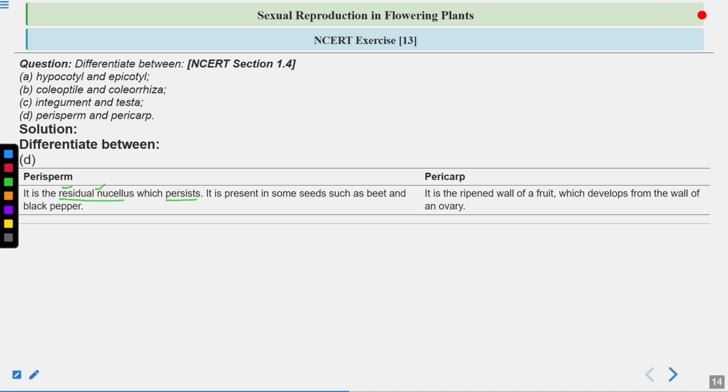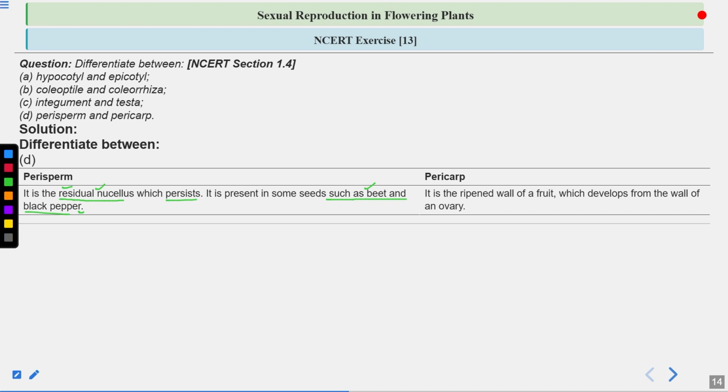So it is present in some seeds such as beet, meaning sugar beet, and black pepper. They have persistent nucellus. The nucellus is also involved in providing nutrition to the developing embryo, and usually all the nucellus cells are used up. But sometimes some part of the nucellus is left in beet and black pepper.